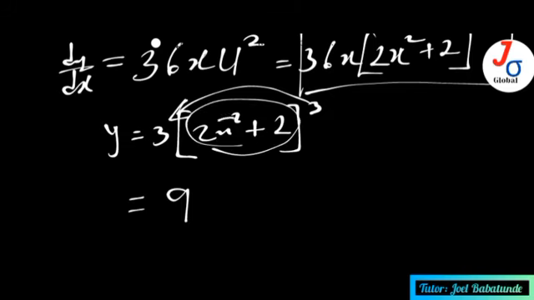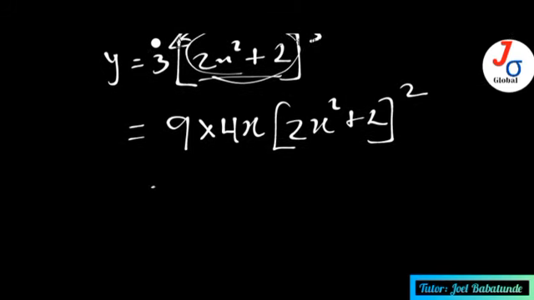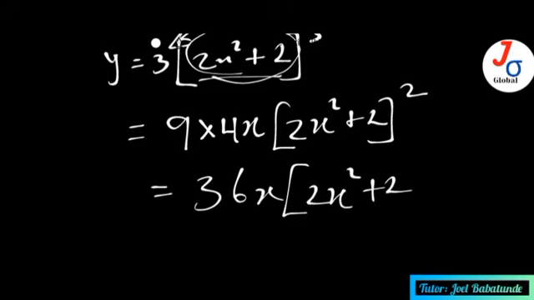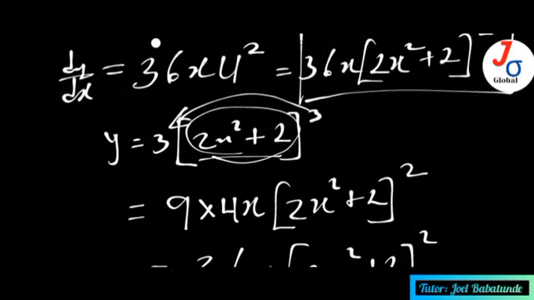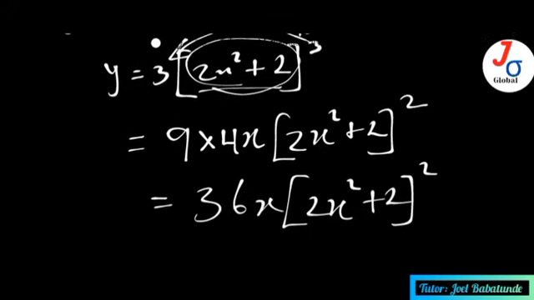I have 2 times 2 is 4x. Good. Times 4x. Then I have this guy inside the bracket, 2x squared plus 2. Then subtract 1 from the index. I have 2. And of course, 9 times 4 is 36x into (2x squared plus 2) all squared. So as you can see, it's the same, 36x. So that's how to do it with your head.